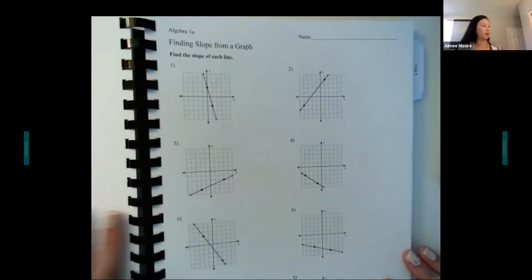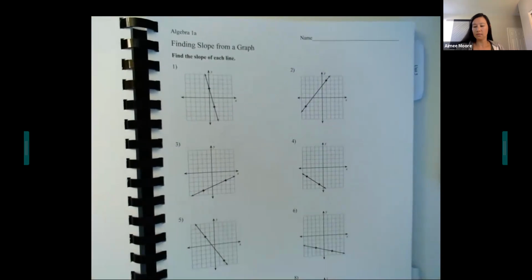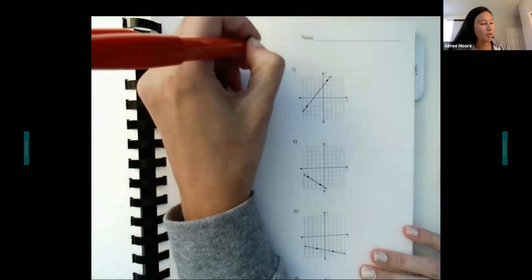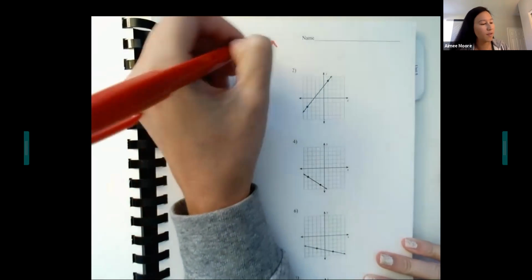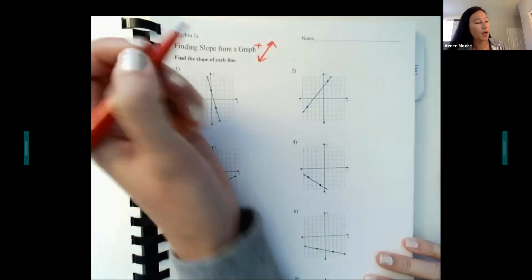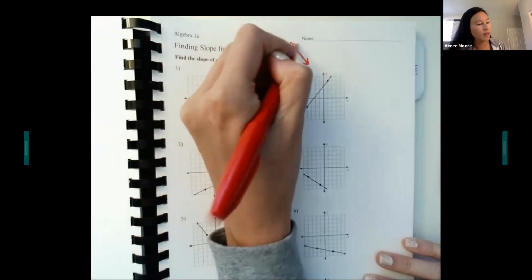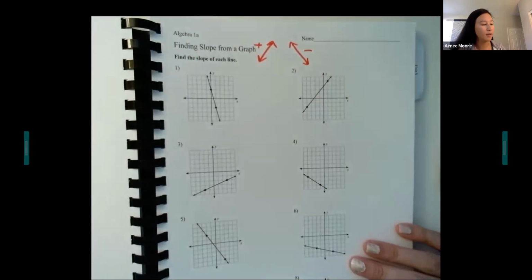Okay, so finding slope from a graph. Just a couple things from our notes that might be helpful to put on our page. If the line's going up, it's a positive slope. If the line's going down, we know it's a negative slope.